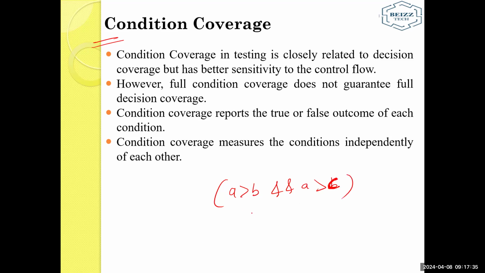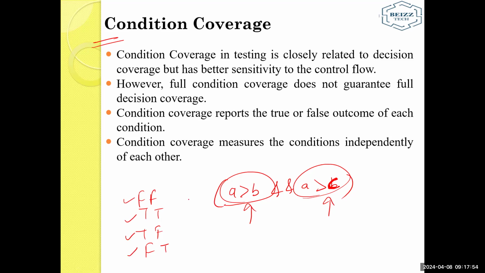In my code, I'm testing two different conditions here, right? So for every condition you need to check true and false. What if both are true? What if one true, one false? What if first false, second true? And what if both are false? So by making it true and false, we evaluate every condition. Then it is called condition coverage.